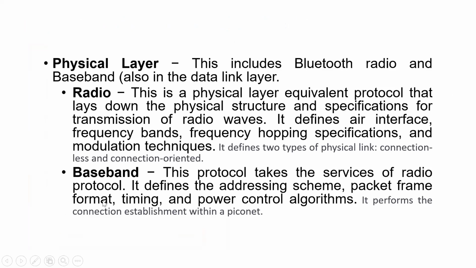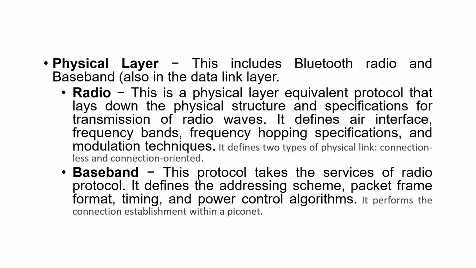The radio layer basically deals with the wireless connection, and wireless connections are of 2 types: connectionless links and connection oriented links. So 2 types of links are present in Bluetooth.